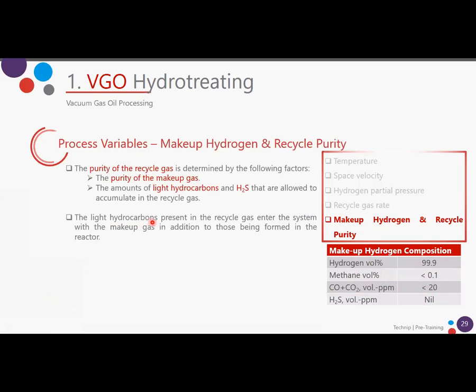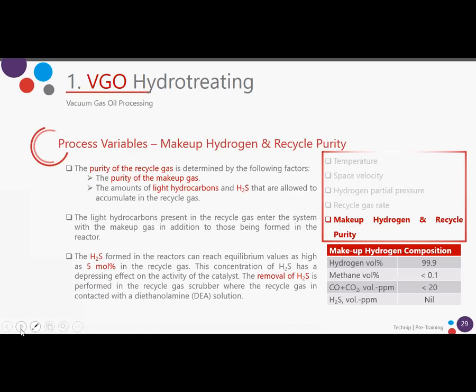The light hydrocarbons present in the recycled gas enter the system with the makeup gas, in addition to those being formed in the reactor. Here we see that we have almost no light hydrocarbons. The H2S formed in the reactor can reach equilibrium values as high as 5% in the recycled gas, okay? Remember that in the reactions, the sulfurization reactions will produce H2S.